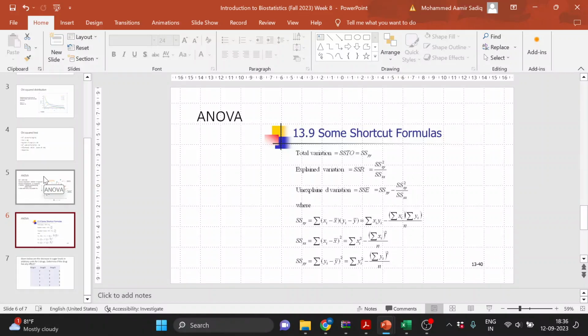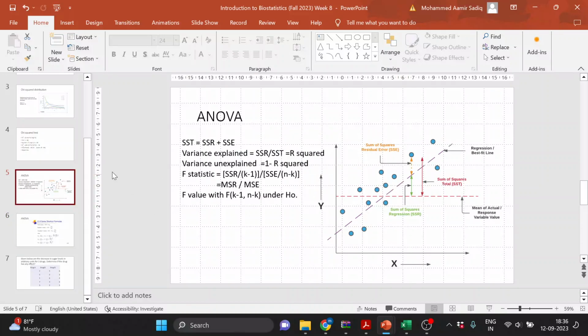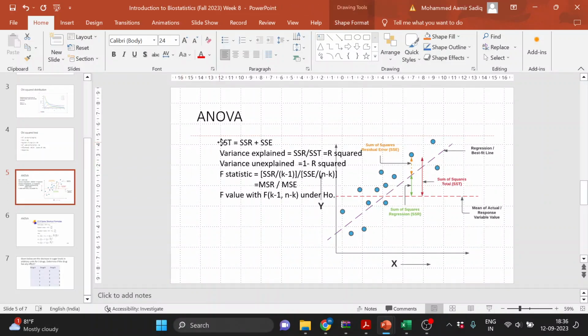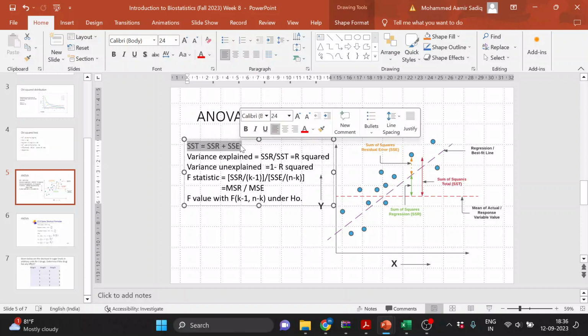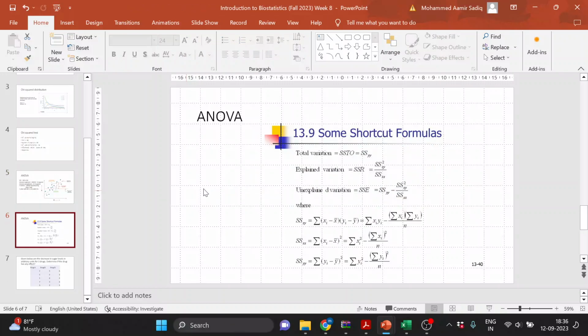Note that your basic ANOVA theorem is this, where SST is equal to SSR plus SSE. Using this, you get all the other values, for example, unexplained variation and things like that. Let's do an example. Before that, any doubts with ANOVA?